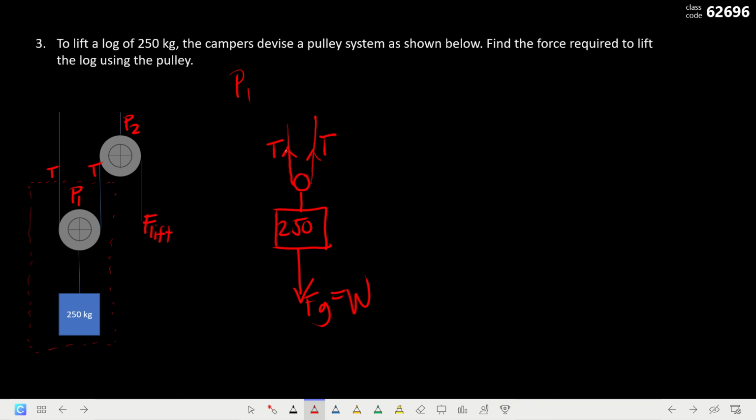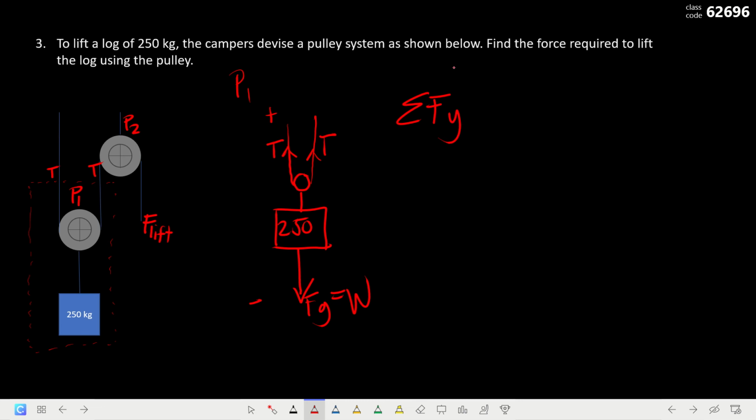Assuming that the upward forces are positive and the downward forces are negative, let us now solve for the summation of forces along the y-axis and look for the equation that would solve for the tension force, because we need the value of the tension force to look for the value of the force required to lift the object. So, summation of forces along y.